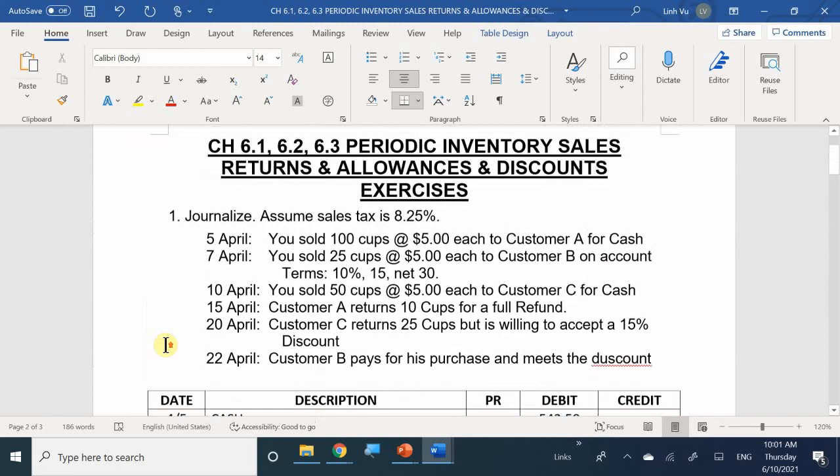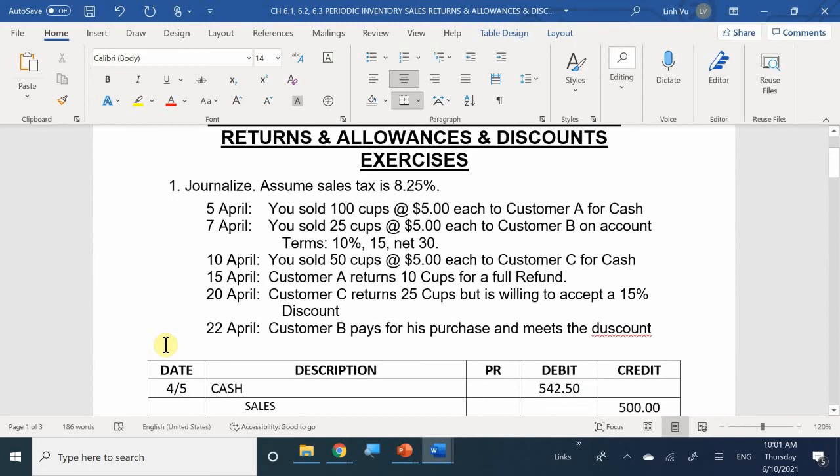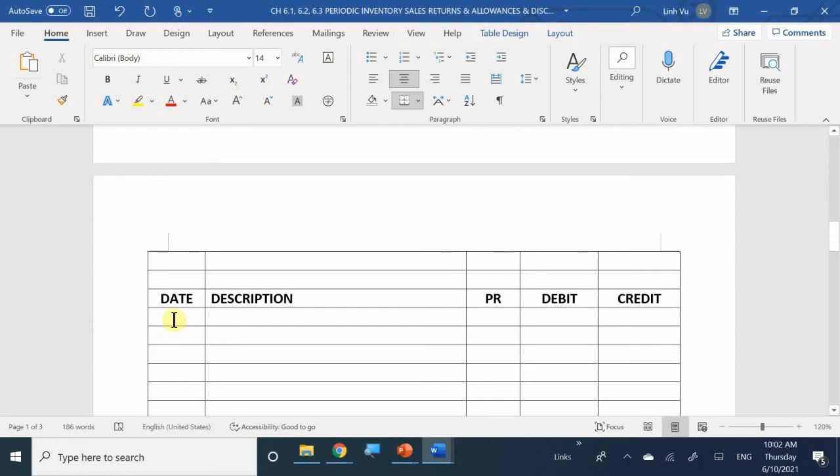So then let's see what happened next on April 20th. Customer C returns 25 cups, but is willing to accept a 15% discount. Okay, so how are we going to calculate this one? So April 20th.